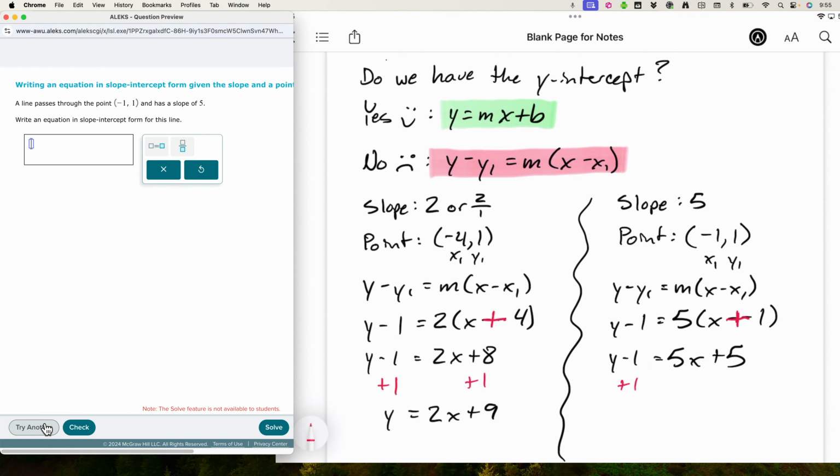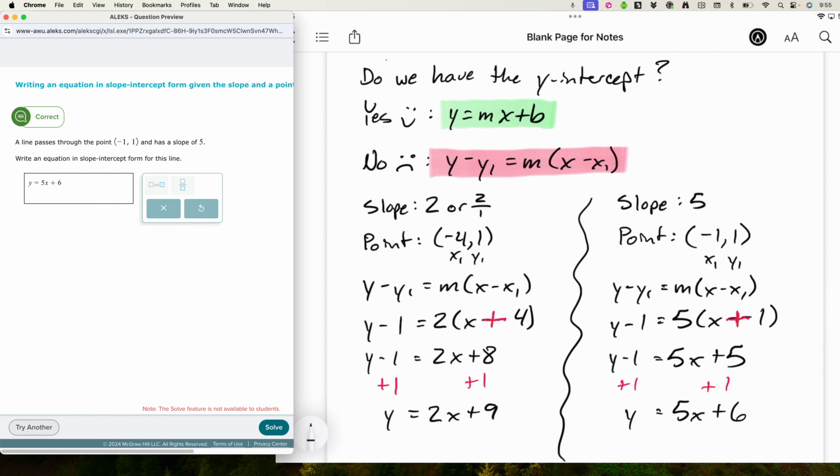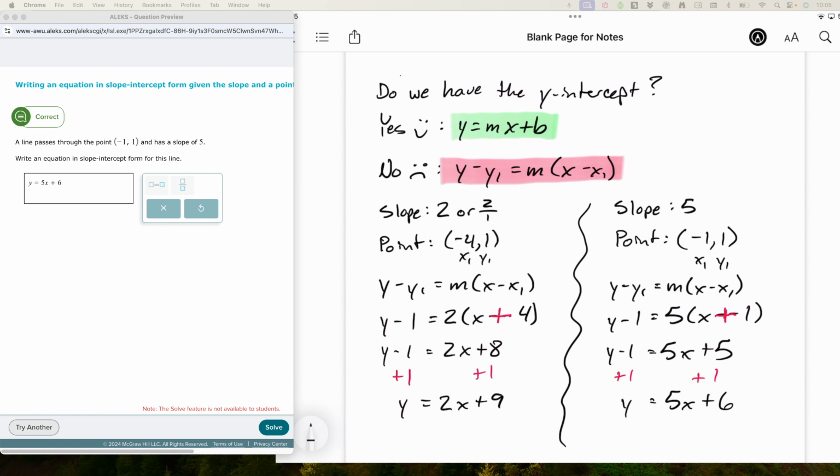We will add 1 to both sides. We get y equals 5x plus 6. And that looks correct. Okay, we will try 2 more of these.